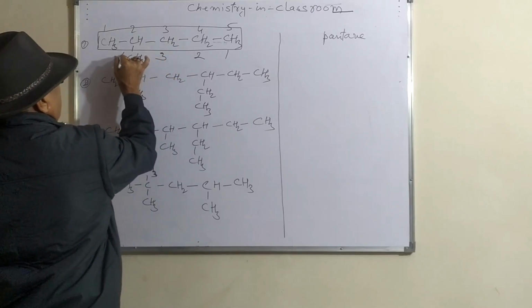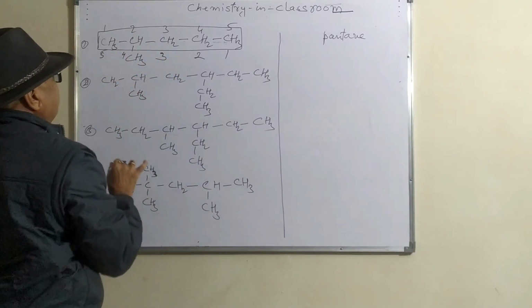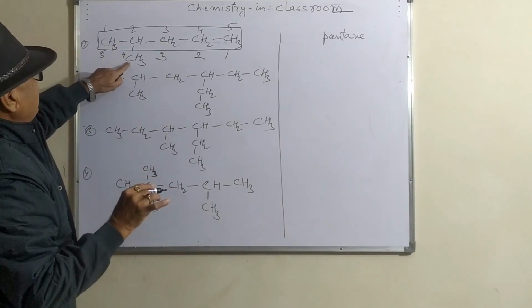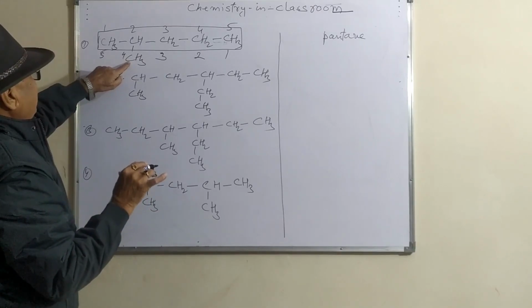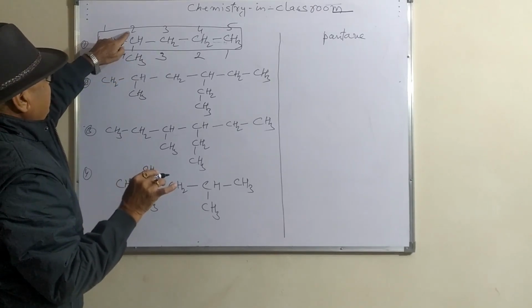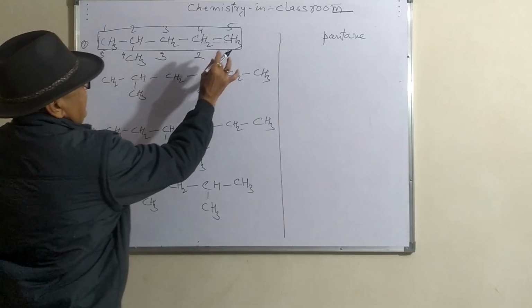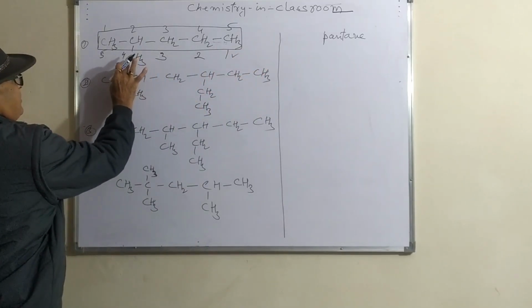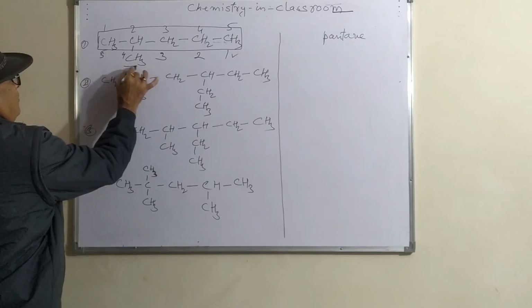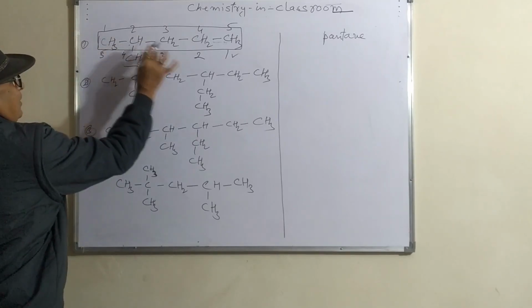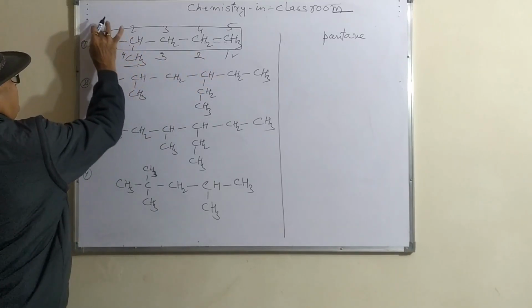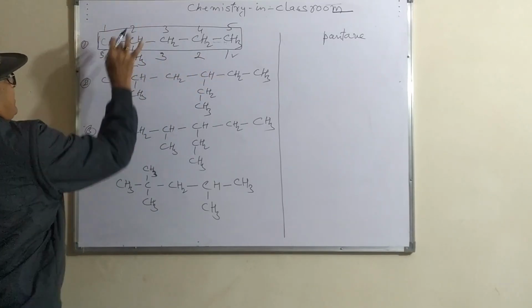In this way, this CH3 group is located on the 2nd carbon, and if you start numbering from the other end, then this CH3 group is located on the 4th carbon. This numbering shows it is the 4th carbon, and this numbering shows it is the 2nd carbon.